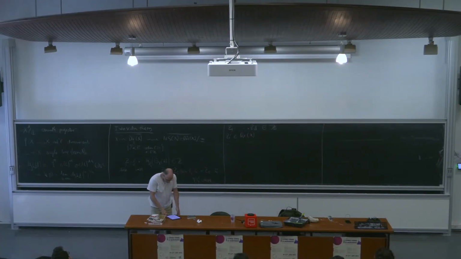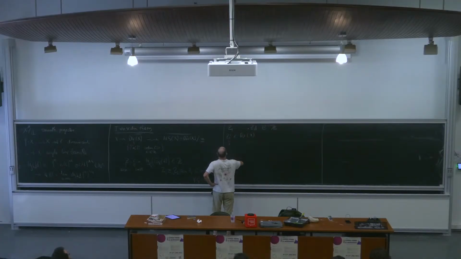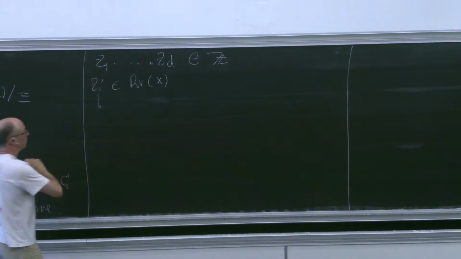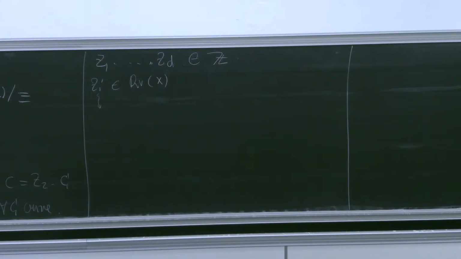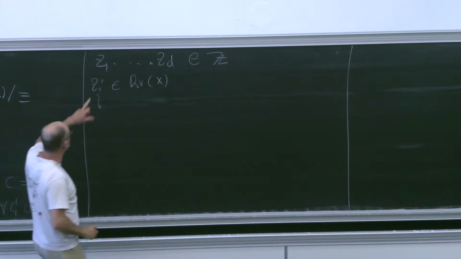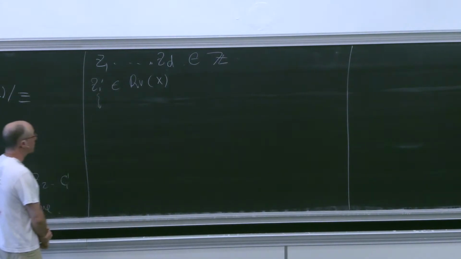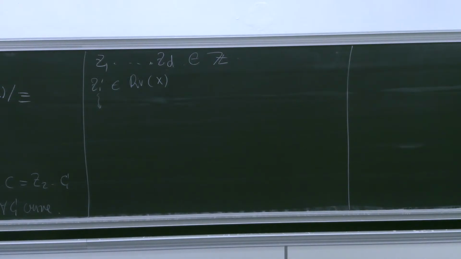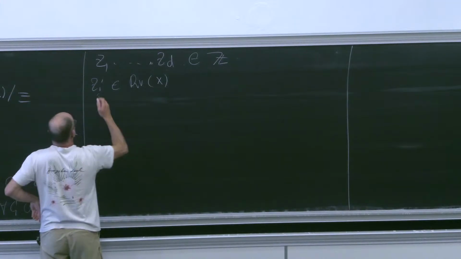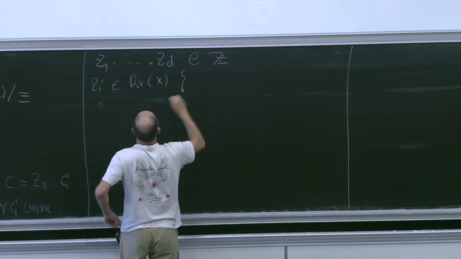Here I'm going to cheat a little bit, but one way to do that is, it's going to be multilinear, linear in each variable. So you only need to define this for an irreducible hypersurface.